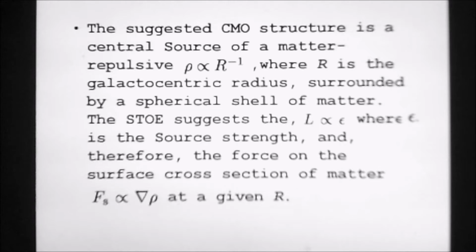The suggested central mass structure is a central source of a matter-repulsive plenum, with density proportional to the inverse radius, where the radius is galactocentric radius, surrounded by a spherical shell of matter. The STOE suggests the luminosity is proportional to the source strength, and therefore the force on the surface cross-section of the matter, which is F sub s, is proportional to the gradient of the plenum.